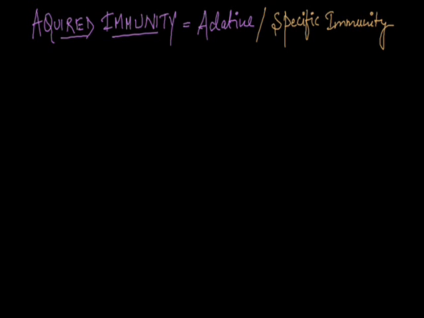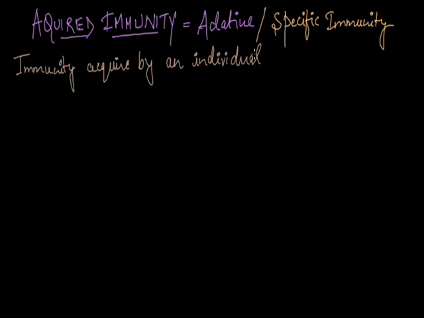Moving towards the acquired immunity, this is the immunity acquired by an individual after the birth. That's why it is called acquired or adaptive immunity or specific immunity.